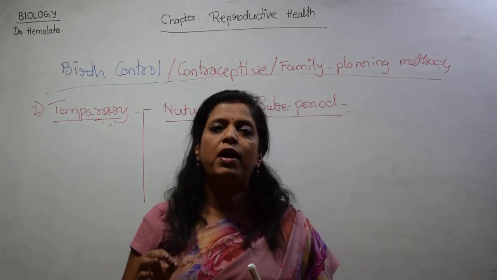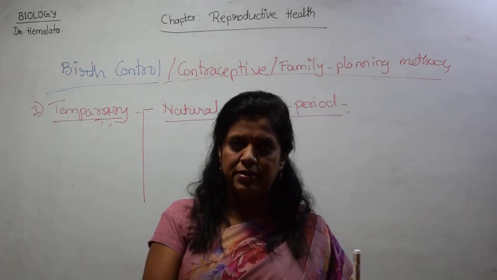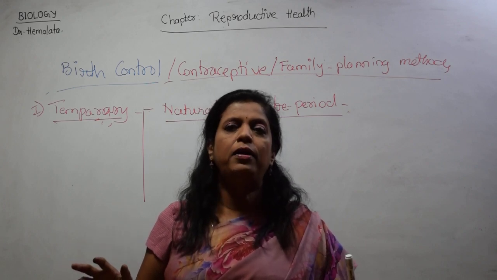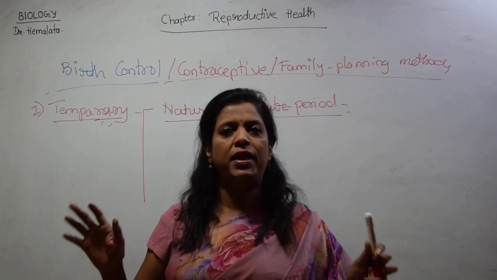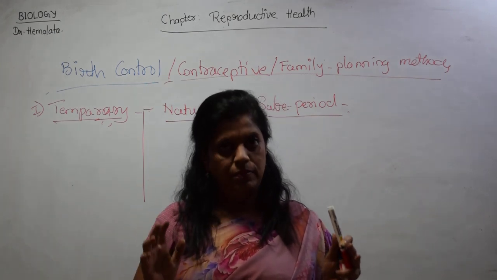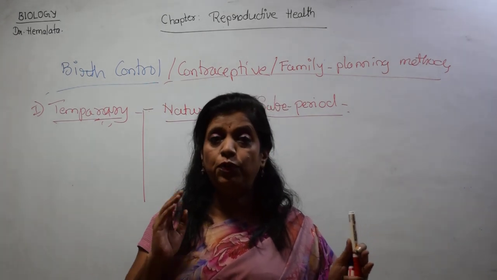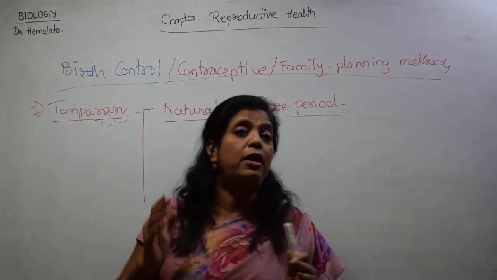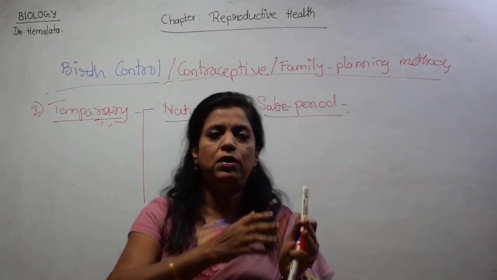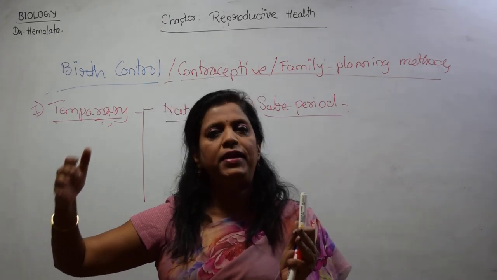So the parents have to understand that the first 7 days or last 7 days are considered to be safe, and during them intercourse can happen without any probability of conception. But the center part, the 14th day, is not safe. So it has to start around the 13th or 12th day, from the 12th day to almost the 17th or 18th day.